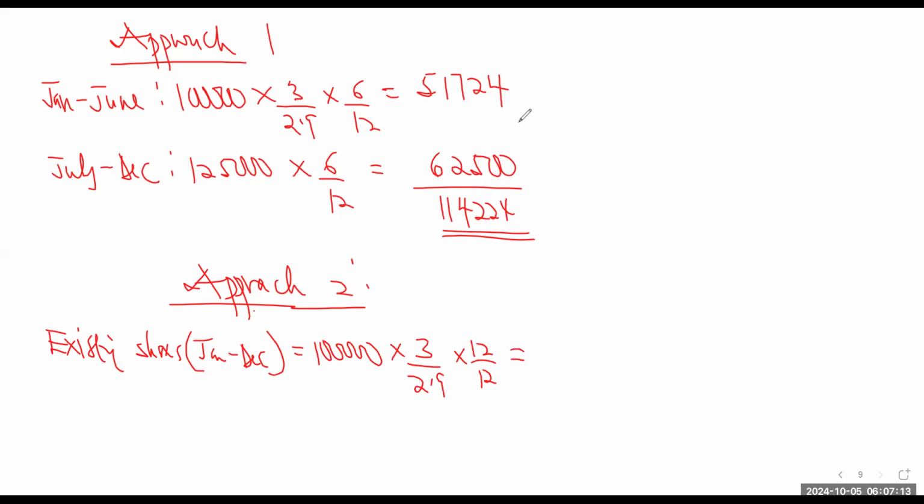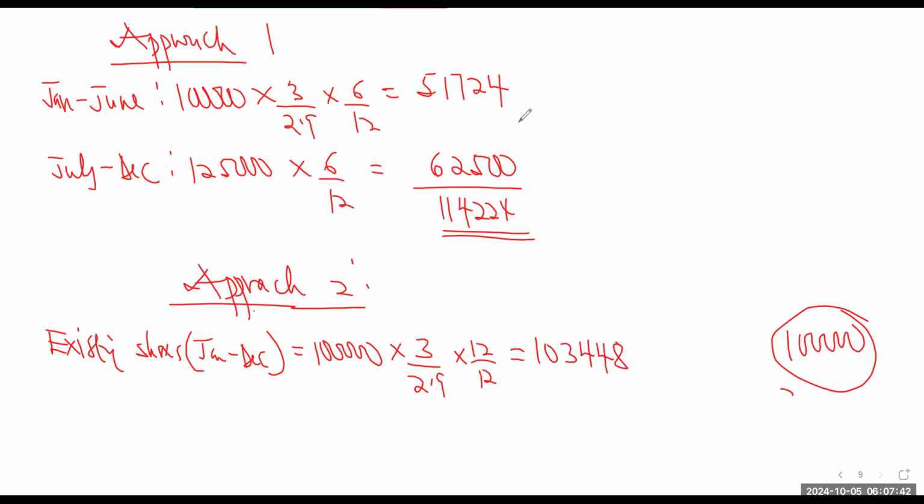What are we getting as the answer there? 103,448. Okay. So the existing share should have been 100,000, isn't it? But it is now 100,000, 3,448.